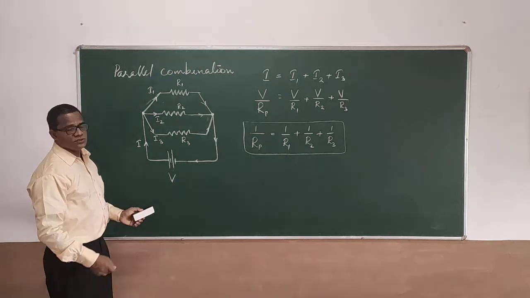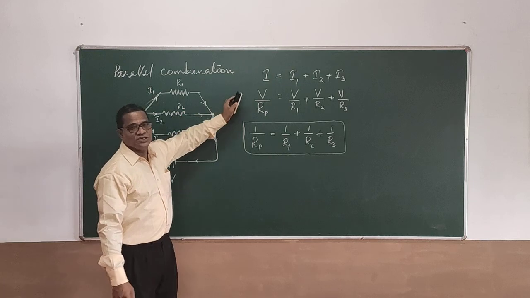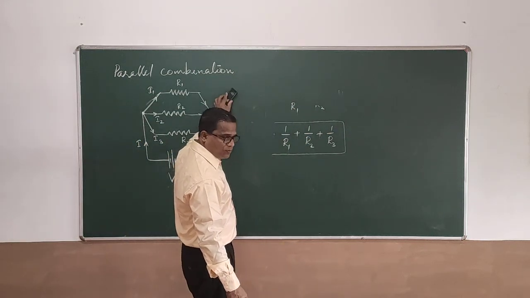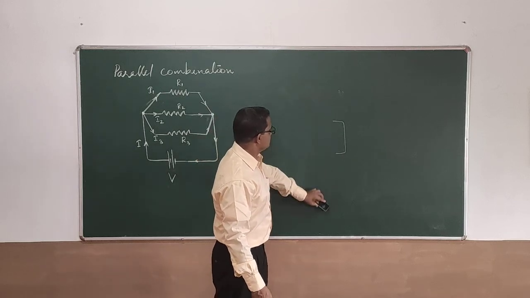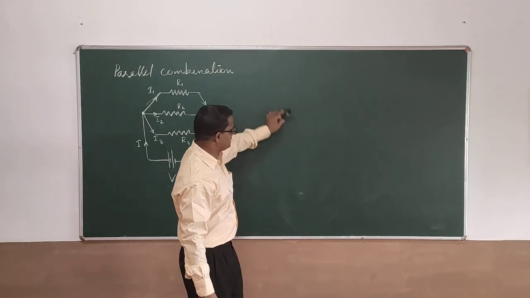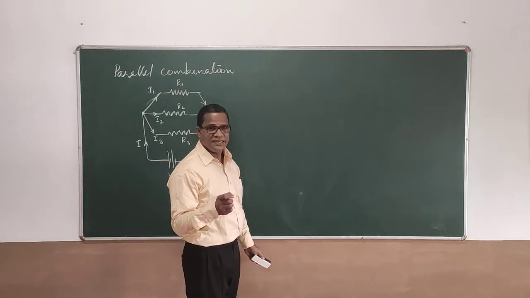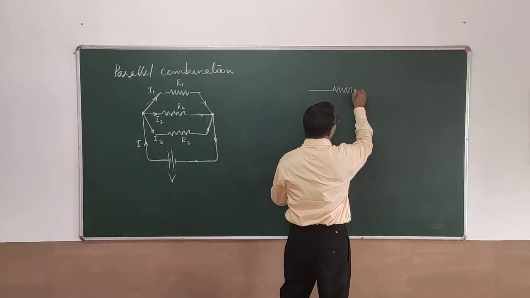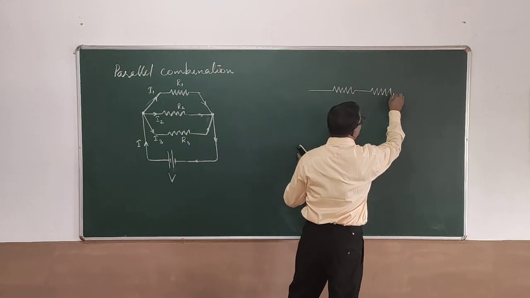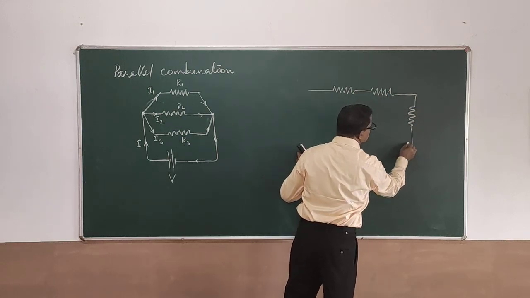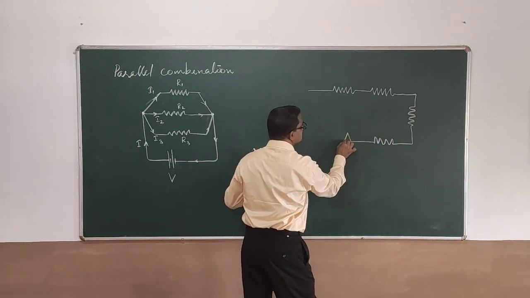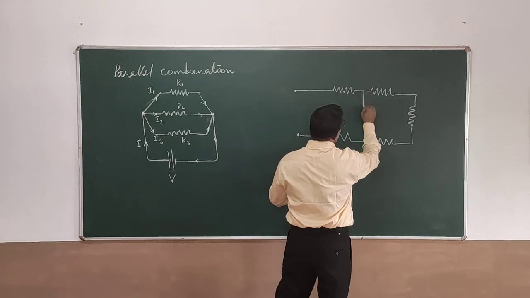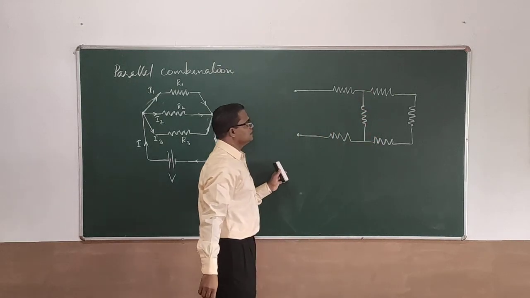Now as we understood the series and parallel combinations, let us consider a problem here, how to use equations to find the effective resistance of a given network of resistors. Now I take a simple network here of resistors, how many? 6 resistors.